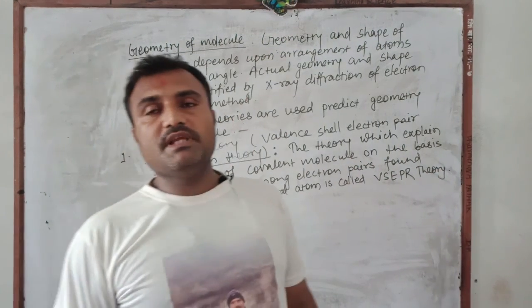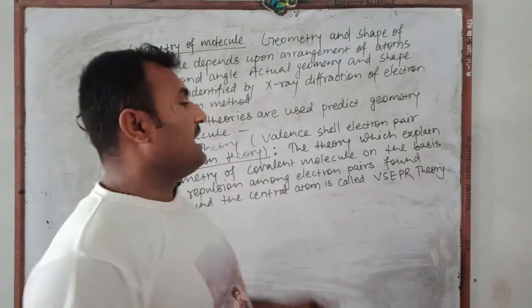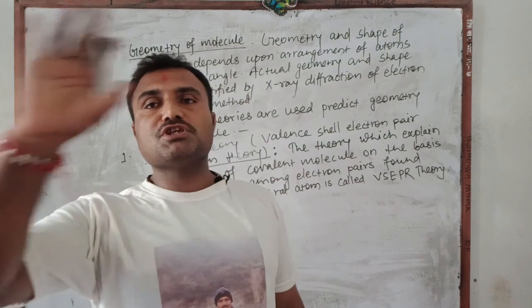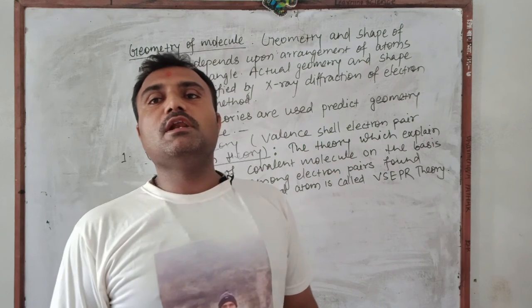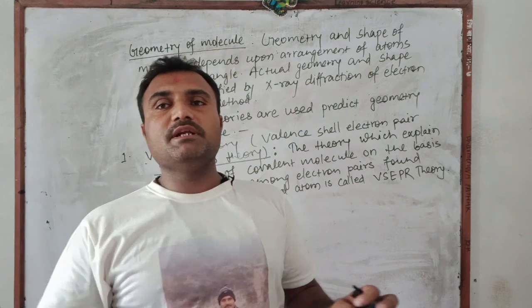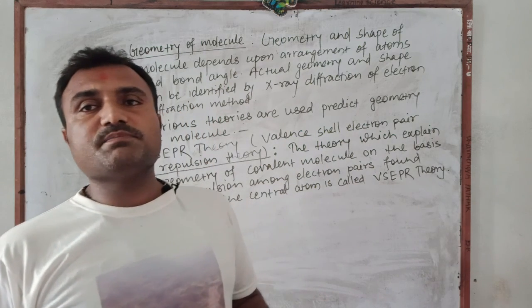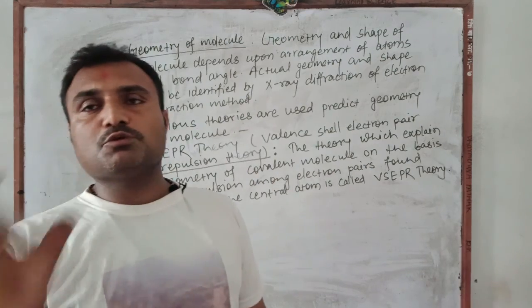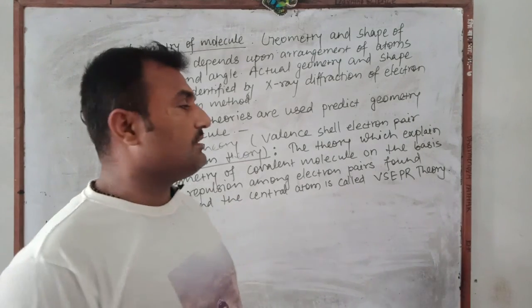This theory was given by Gillespie. According to him, the central atom remains surrounded by atoms present in a molecule, and therefore there is a crowd of electron pairs around the central atom.